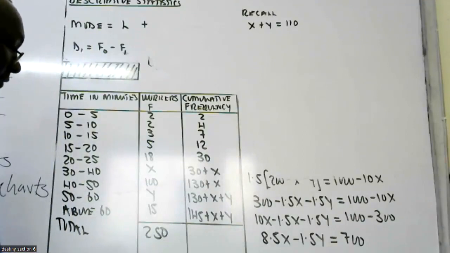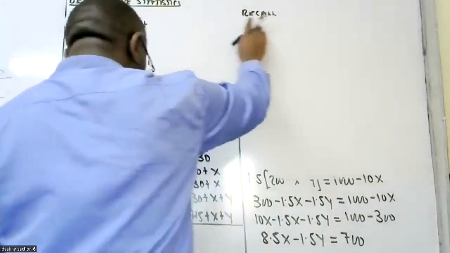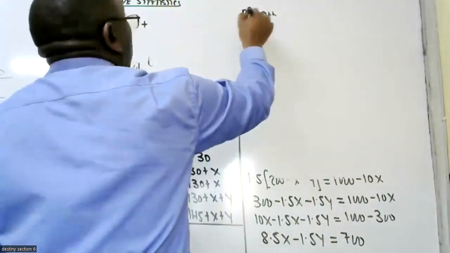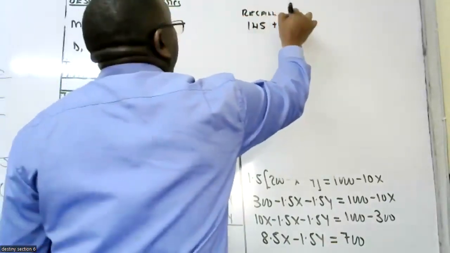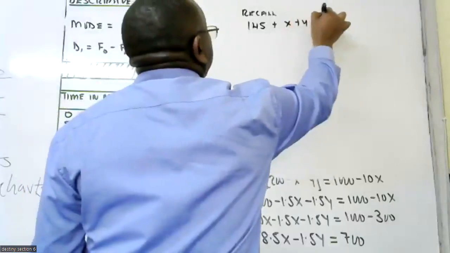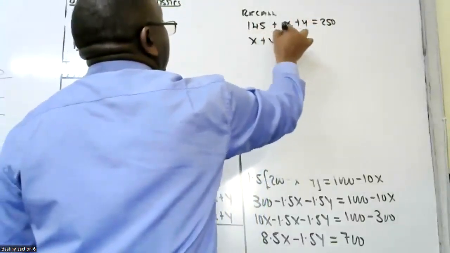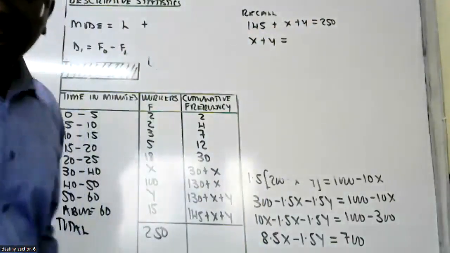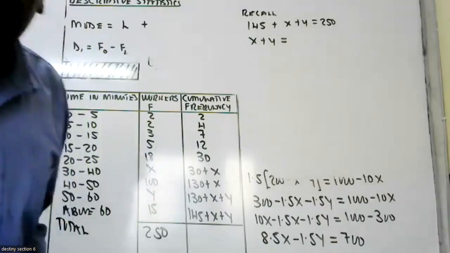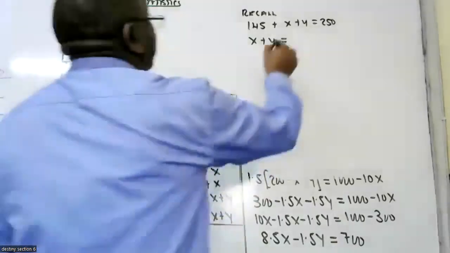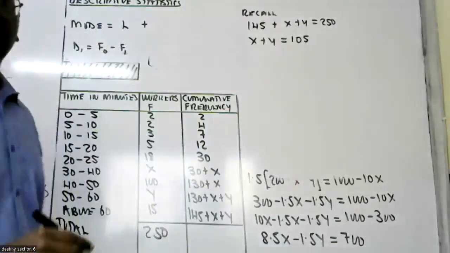Was it 110? Because we were supposed to have said 145 plus x plus y should have given us 250. So x plus y, did you say 110 or was it 105? Yeah, that should be 105, not 110. Recall that.